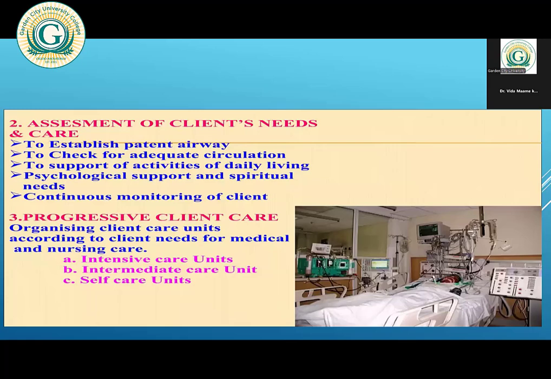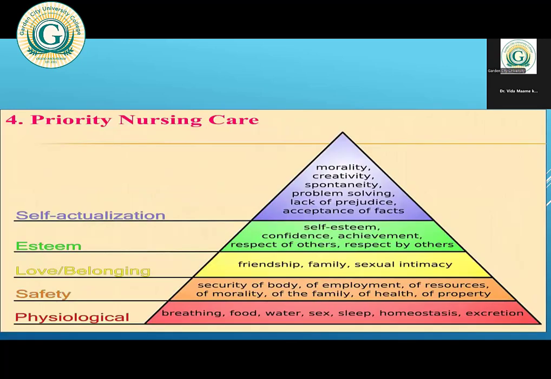So with what? We need what? Self-actualization, morality, creativity, spontaneity, problem solving. So the self-actualization, they're supposed to be what? Acceptance of facts. So we prioritize nursing care according to the need of the care or the emergency situation in the hospital.